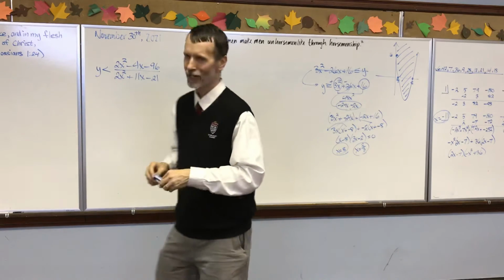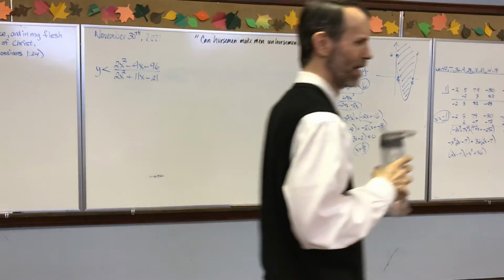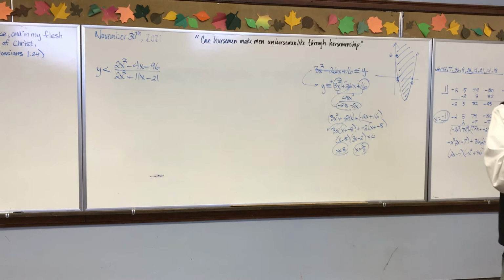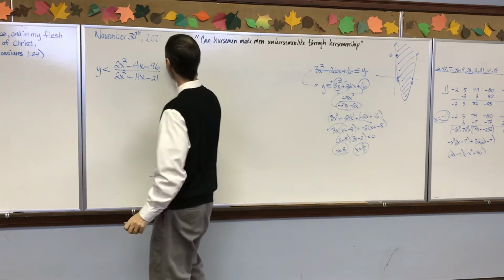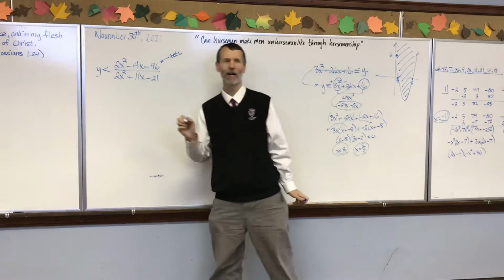Can somebody tell me how to graph this beast? Now, you might have some roots. Where do you look for them? At the top. The roots are on top. What do you find in the bottom, Joey?